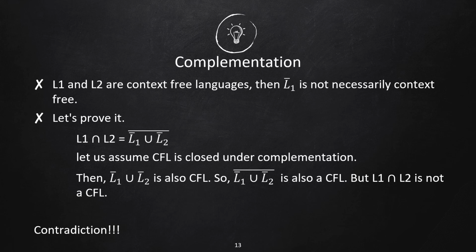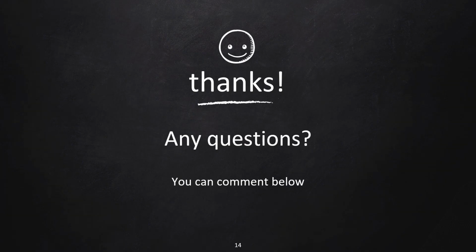That implies the complement of L1 union complement of L2 is also context-free. It shows that the whole L1 intersection L2 is also a context-free language. But we know that L1 intersection L2 is not context-free, so it is false. It shows that complementation is not closed for context-free languages. Thank you.